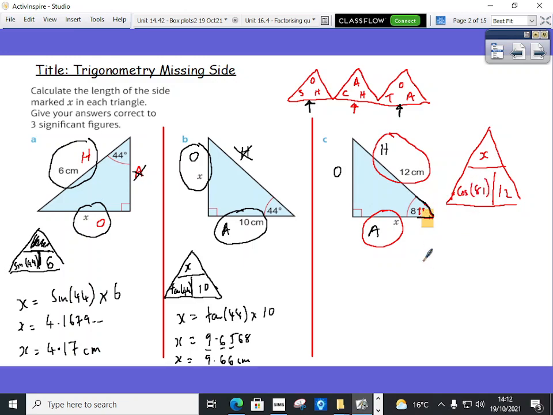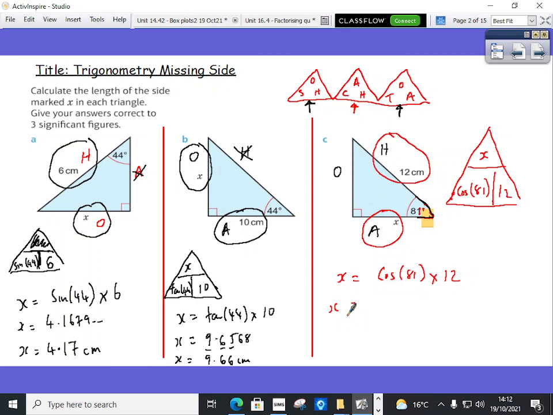Happy days. When I work this out, one thing I know for a fact is that it's going to be less than 12. So I'm roughly trying to anticipate what the answer is. If I cover up this X, I get cos 81 times 12, and just put that in your calculator. So cos 81 multiplied by 12.